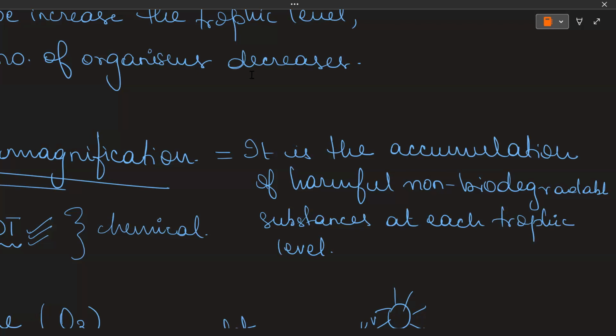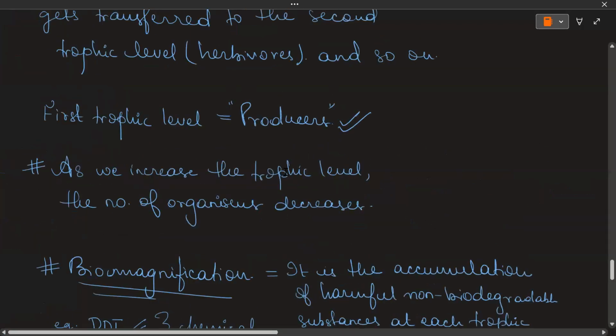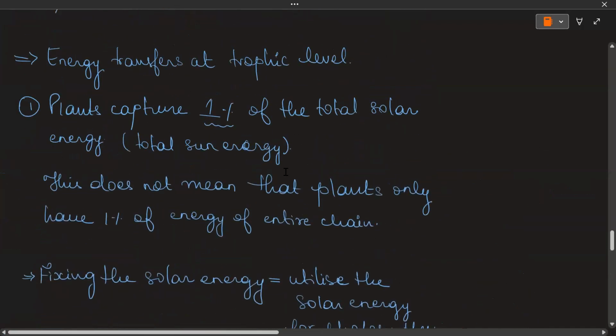This you've understood. It is the accumulation of harmful non-biodegradable substances at each trophic level. And you can give the example of DDT, the example of pesticides. Got it? Now you can start noting from this particular part.